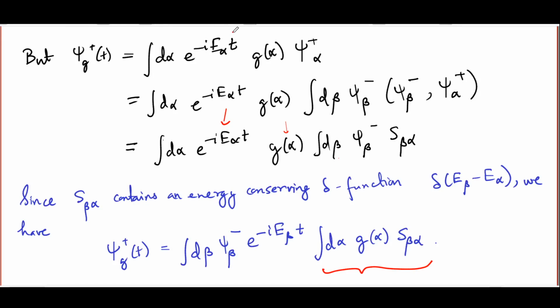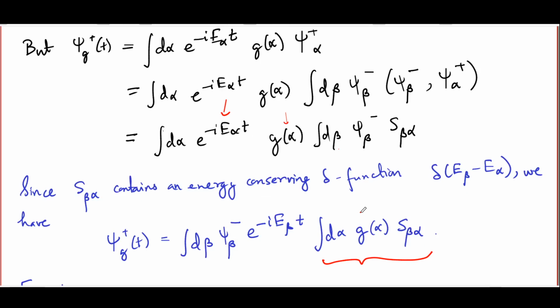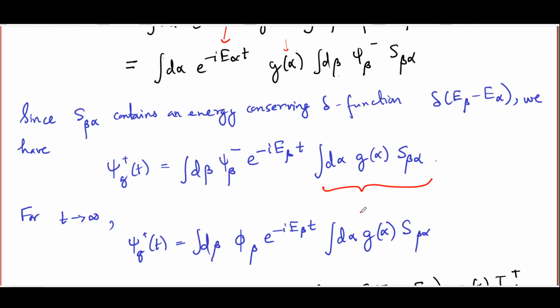Using the fact that in the limit t goes to plus infinity, a superposition of psi beta minus states essentially looks like the corresponding superposition for the free particle states, and using this integral here as g tilde beta, the new weighting function, what you end up with is that psi g plus t in the limit t goes to plus infinity must match this: the same superposition with phi beta, the free particle states.